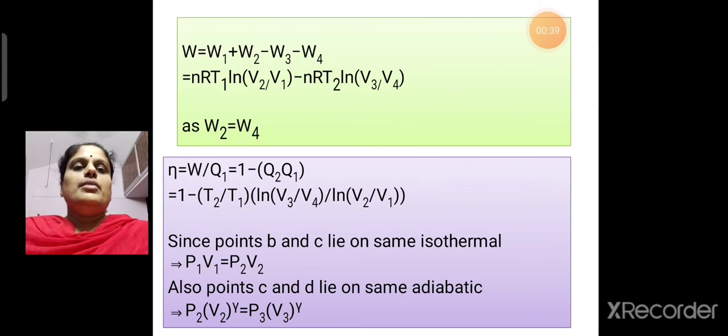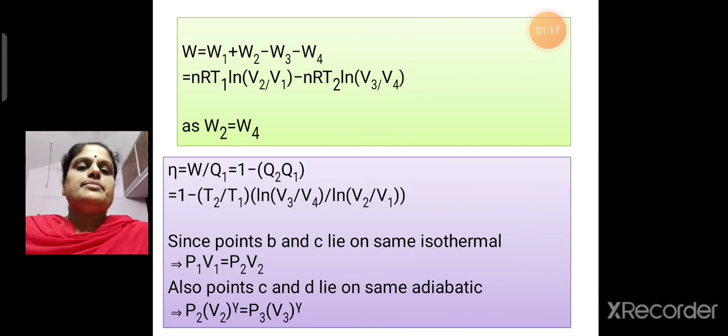Here W2 is equal to W4, as you can see from the equations. Hence, the efficiency of the engine η is equal to work output by heat input, that is W divided by Q1, which is 1 − Q2/Q1, which can be written as 1 − (T2/T1) × (log V3/V4)/(log V2/V1).